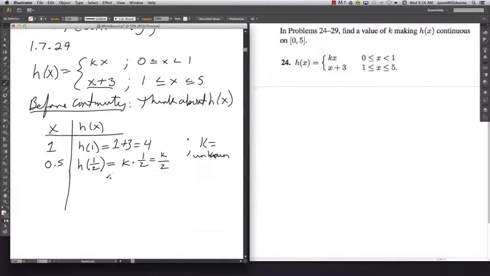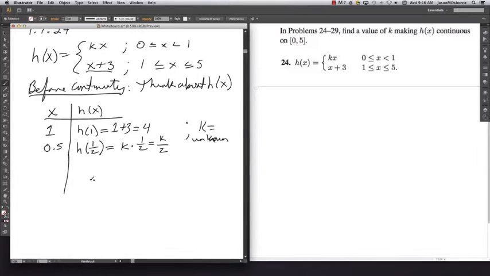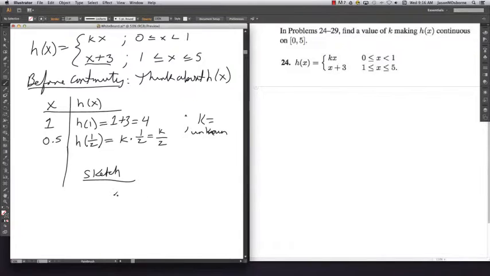If you want to turn this into a sketch of this function, something is going on from x equal to 0 to 1, and then from 1 to 5. From 0 to 1, when x is equal to 0, we get 0. So this function is going to look like a line.